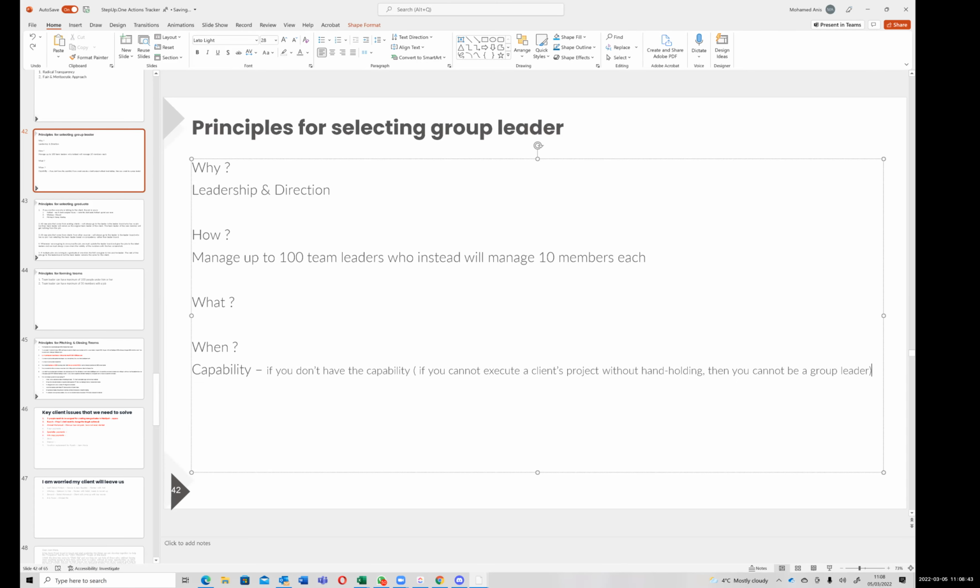What else? Second is clients. You have proved that you can work with clients, you can work with team leaders, everything. Should we say at least 20 clients as a team leader? That's one.